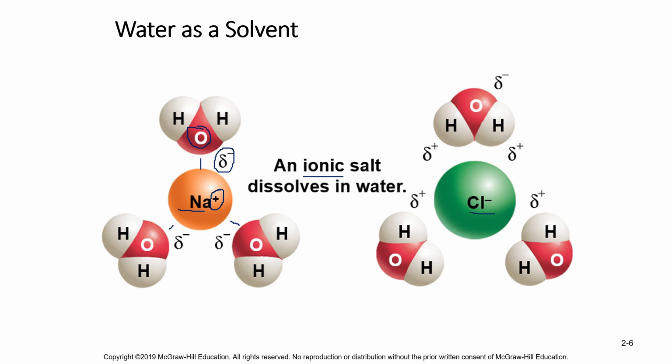On the other hand, chlorine is negative, so it associates with the partially positive hydrogens, so they are closer to the chlorine anion. So that orientation is based on the charge of the atom.